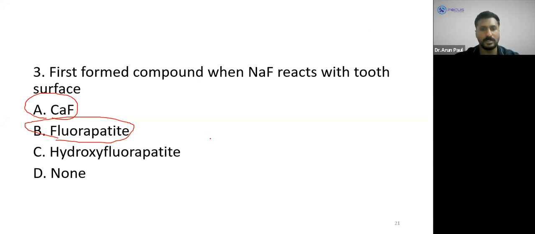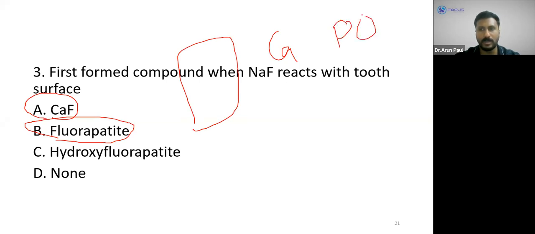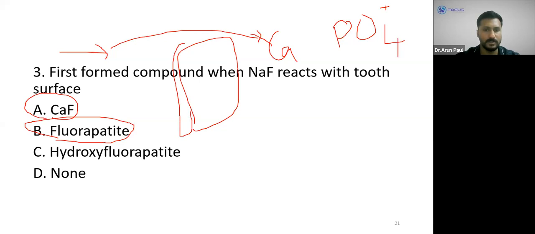As I told, I drew a picture here. You have predominantly phosphate ions, and the fluoride binds more to the calcium. So fluoride from the solution binds onto the calcium of the tooth surface, and thereby calcium fluoride is the first compound which forms on the outer surface of the tooth.